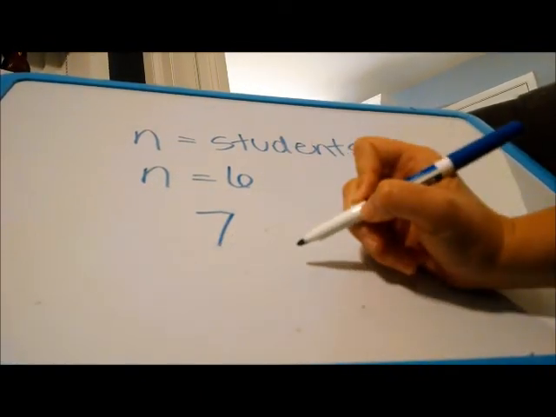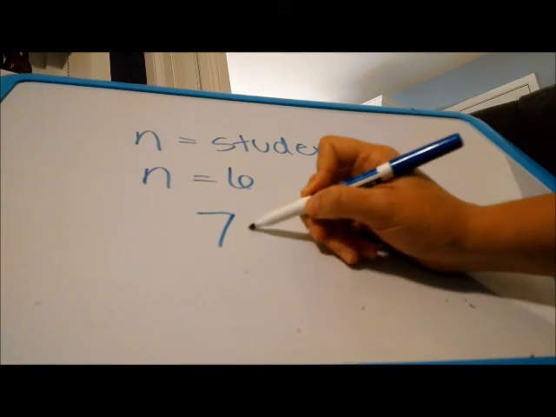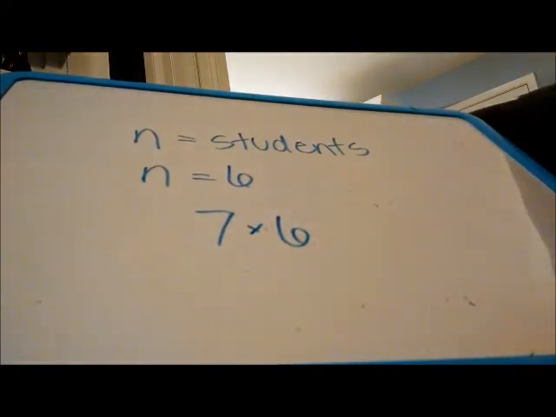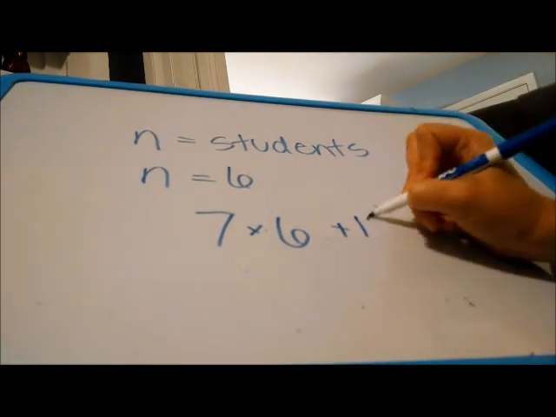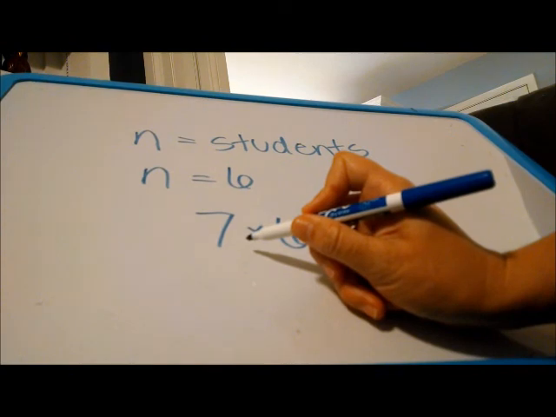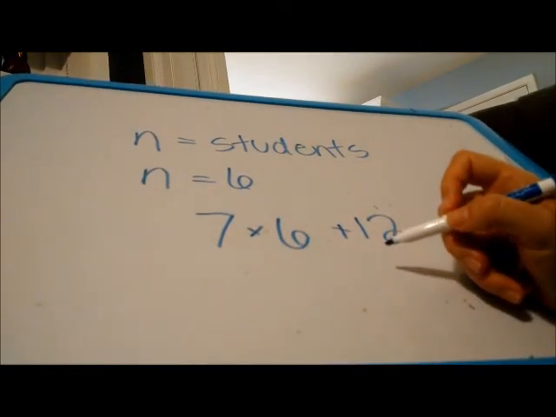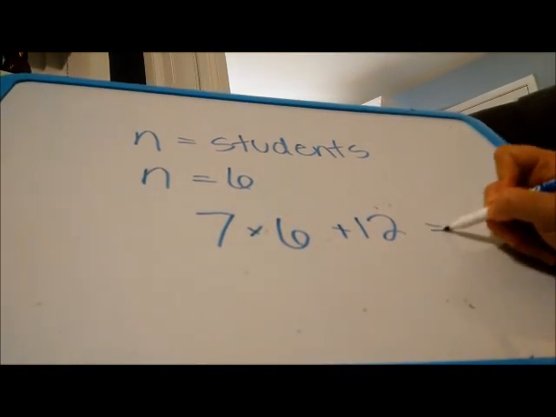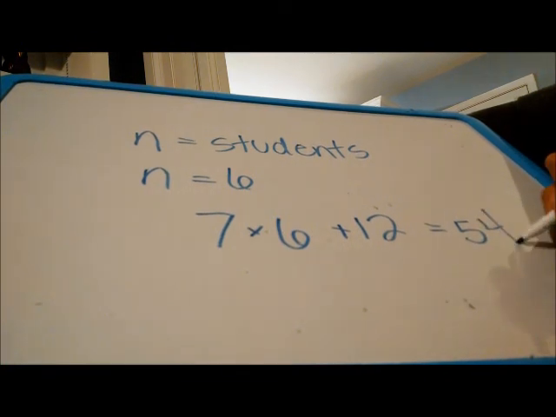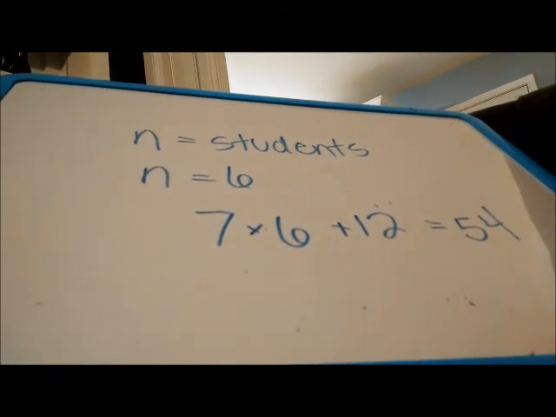So we plug it in, 7N, or 7 times 6, because we know that means multiply when your variable is right next to your number, plus 12. We multiply first and then add, and you should have gotten B, $54 for number 8.